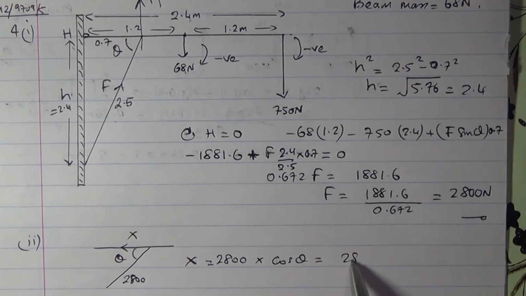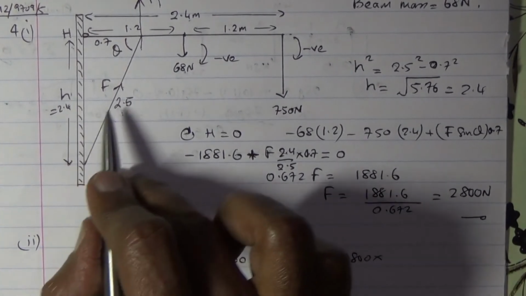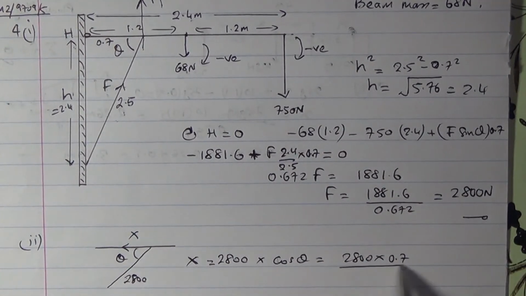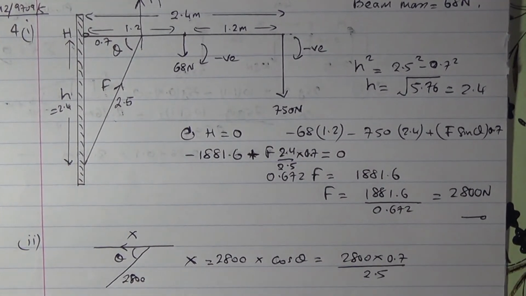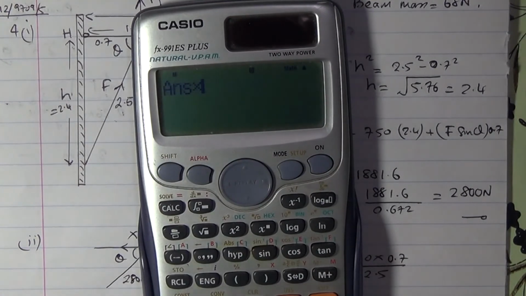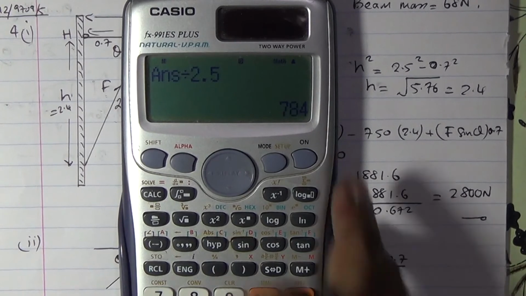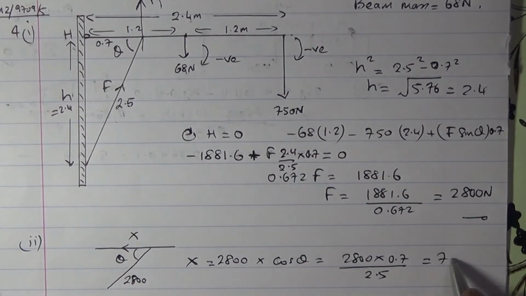That means 2,800 times cos, which is adjacent over hypotenuse, and let's see what we get. I divide all of that by 2.5, 784 newtons.